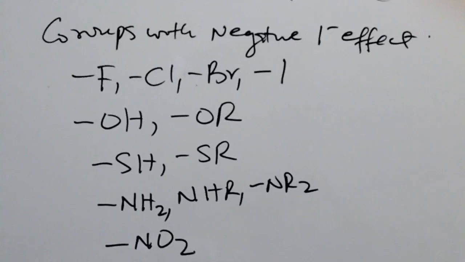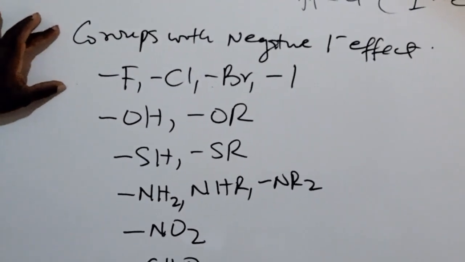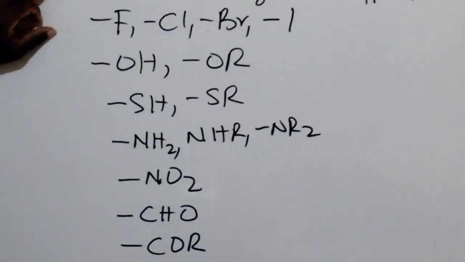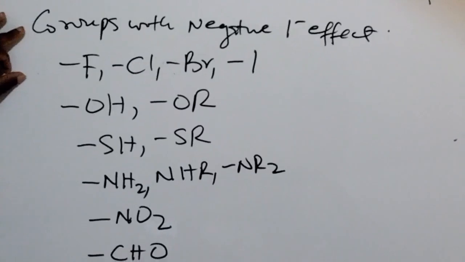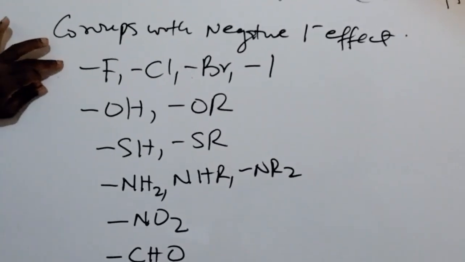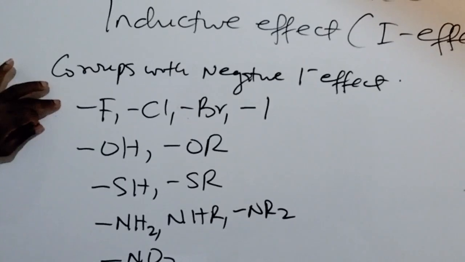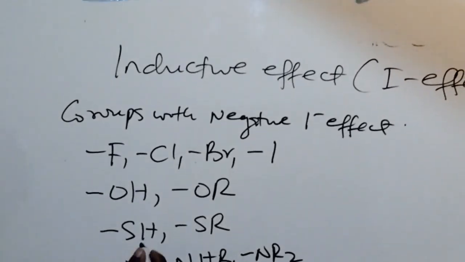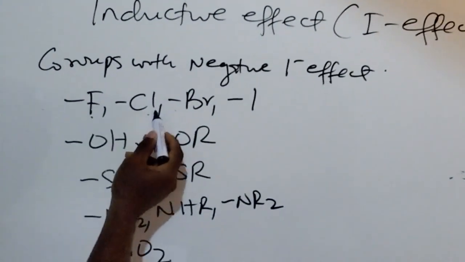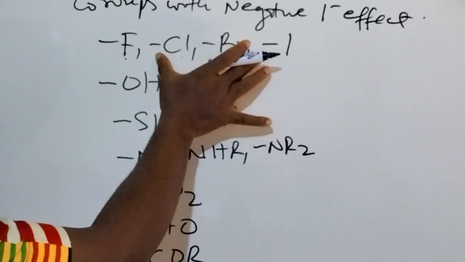So on the whiteboard, we have groups that have a negative inductive effect. These are the groups that normally pull electron density away from carbon. As mentioned, chlorine initially, and all the halogens: the halo groups fluoro, chloro, bromo, and iodo, have a negative inductive effect.